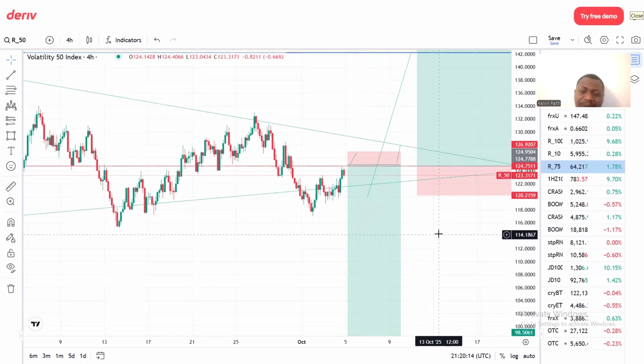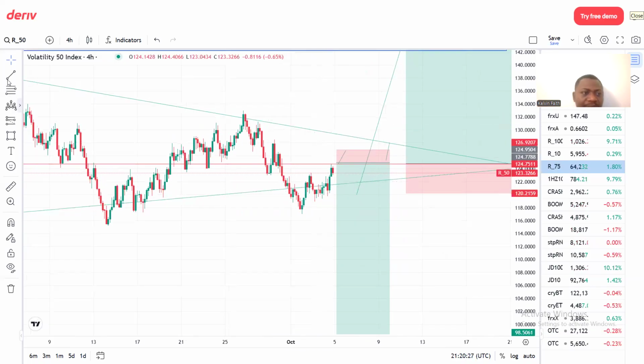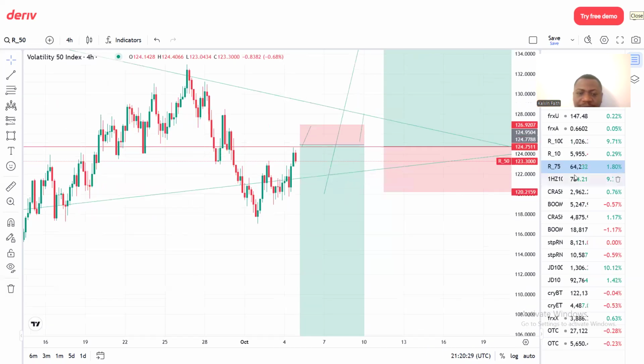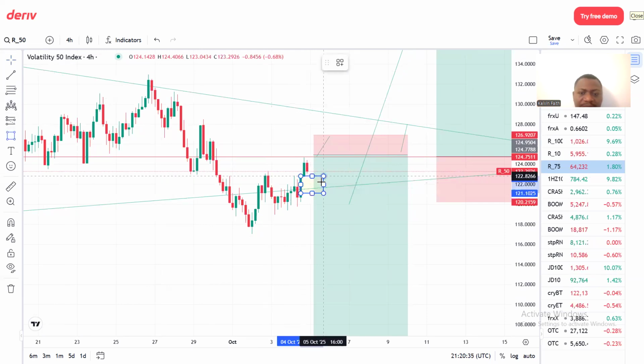That is number one. Number two, though we are below support and resistance right now, we are below the support, which is to sell. But the momentum that price is moving with, see the way it closed above this trend line. You see how it closed above this trend line.